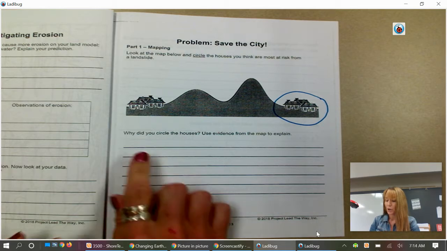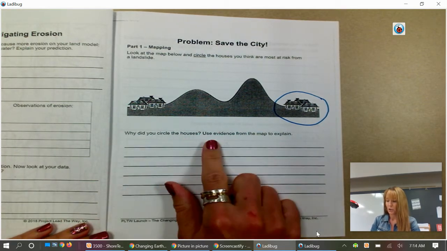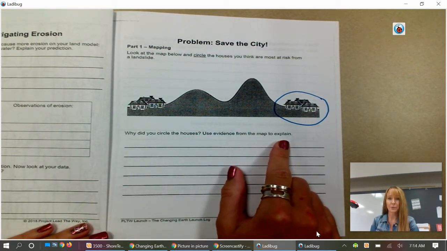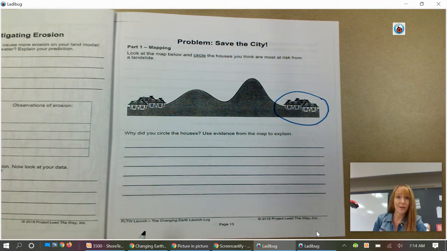And then it says, why did you circle the houses? Use evidence from the map to explain. So, because we are great big second graders and we write in complete sentences, let's write this together, all right?